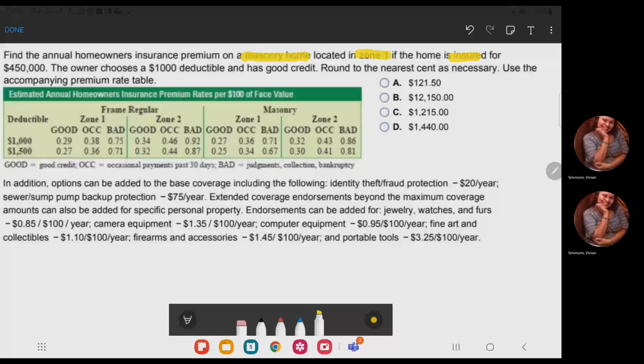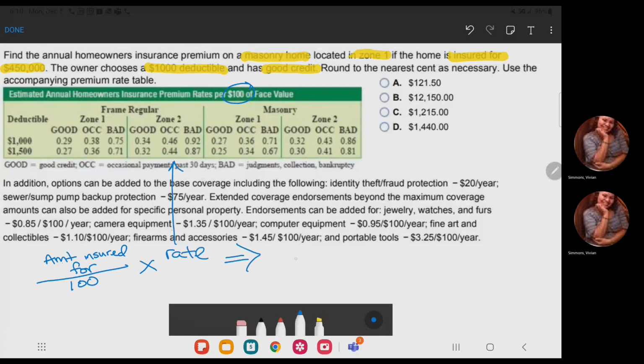So now I go to the table and I need to find that information. The formula itself: I need the amount that it's insured for, and that's divided by 100. Note the table says $100. And I'm going to times that by the rate that I get from that table.